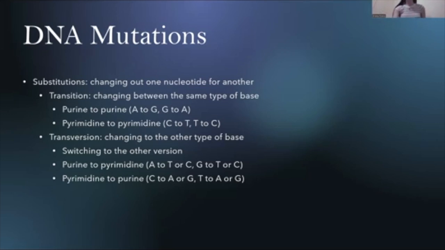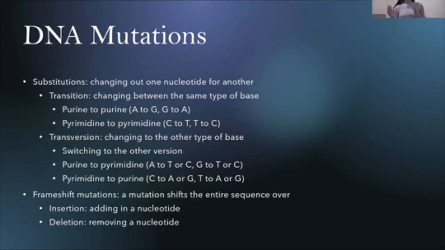Now let's look at frameshift mutations, and there are two different types. Frameshift mutations shift the entire sequence over. If I insert one nucleotide, everything needs to move down one. If I remove one nucleotide, everything is going to shift over this way. This has a really important effect within your codons, because codons are read in groups of 3.